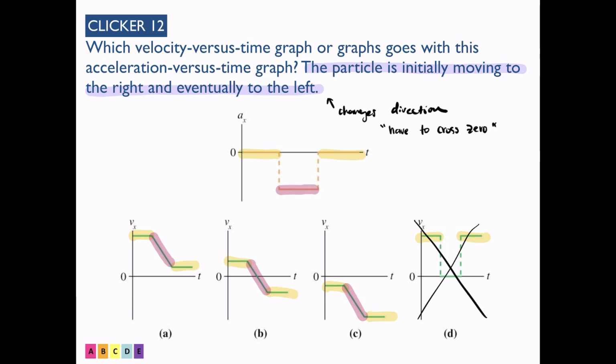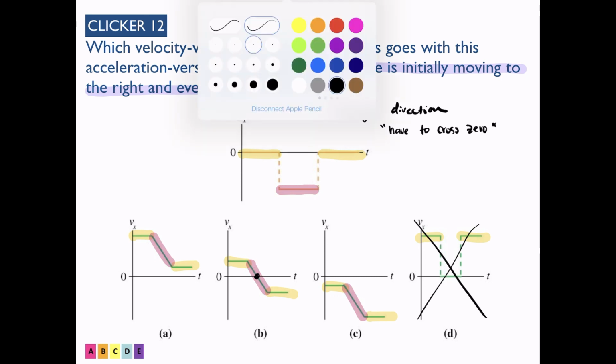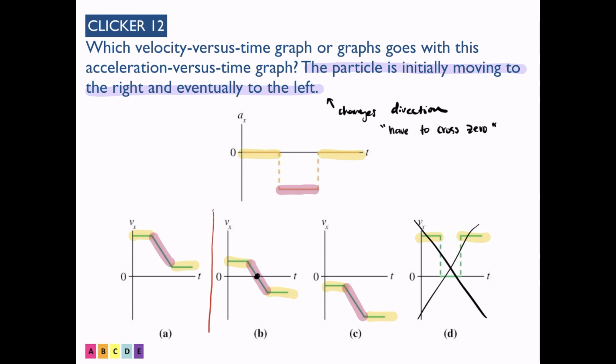It means we have to have at least an instantaneous velocity of 0 whenever we're changing direction. So the only graph that shows that is this. These are all the same shape, but that means that B is our correct answer.